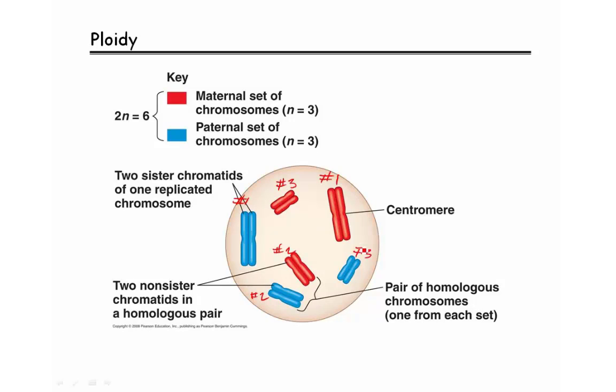So notice that we have 2 copies of every single one of those particular chromosomes. That's what we mean by diploid. So since it is diploid, we write it as 2N, and then we count up the total number of chromosomes that we have, and we have a total of 6 chromosomes. And if you solve for your N, we can see that N equals 3. So those are the unique chromosomes that we have, number 1, 2, and number 3.